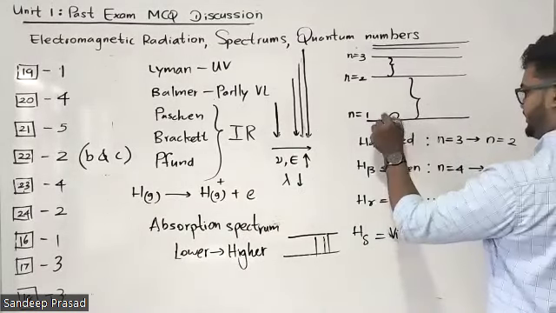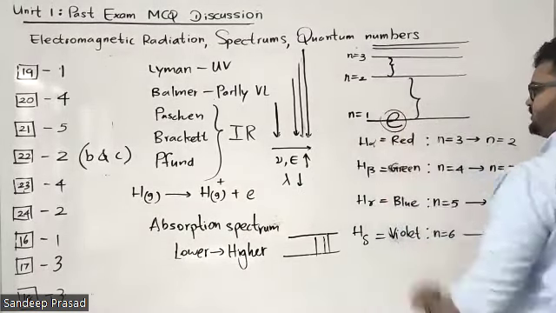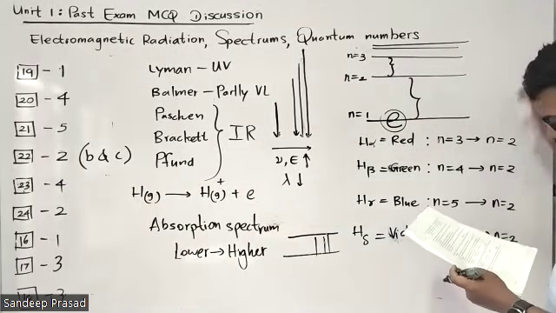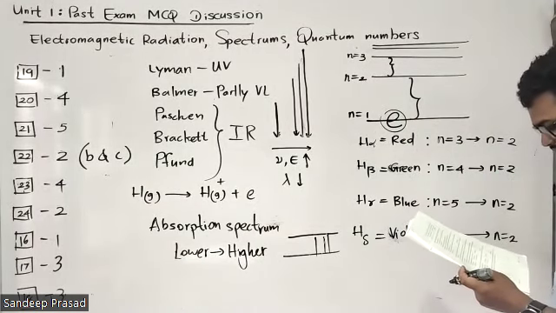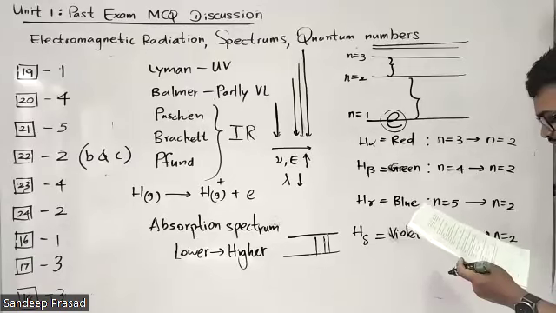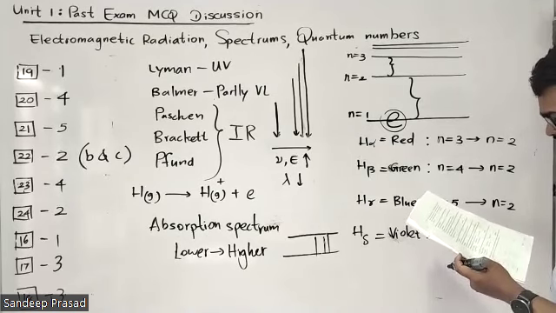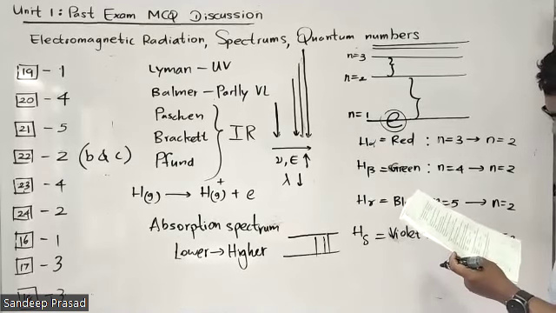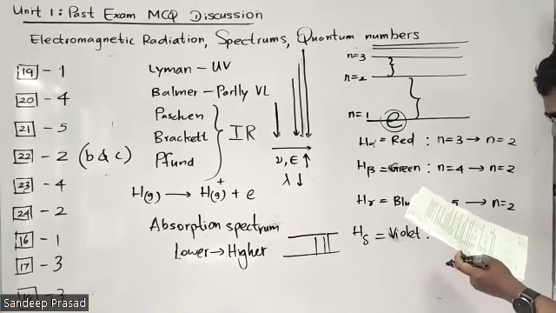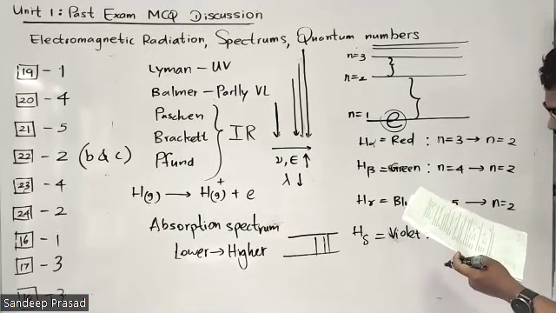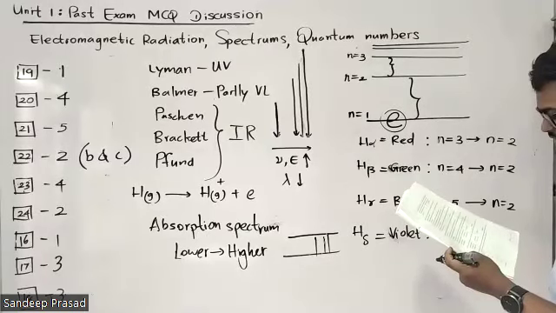So this is going from n equal 1 to n equal infinity. The energy difference between n equal infinity and n equal 1 is the ionization energy of hydrogen.